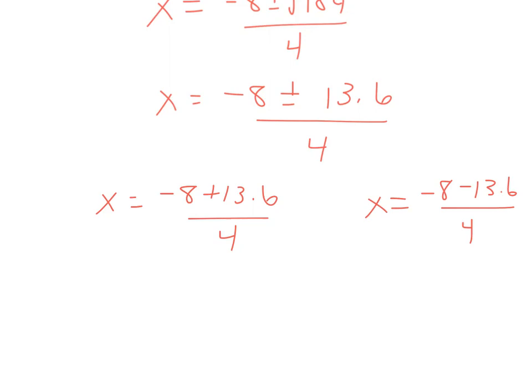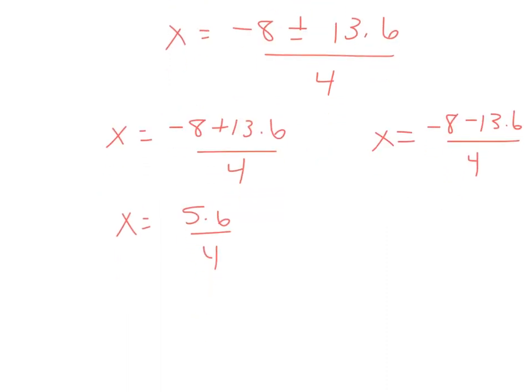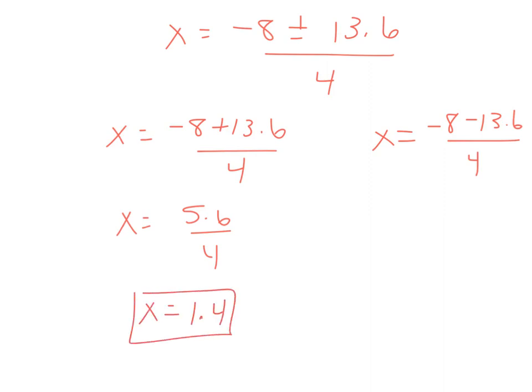So negative 8 plus 13.6 ends up being 5.6, and now we're going to divide that by 4 and end up with x equals 1.4. Over here I've got negative 8 minus 13.6, so I end up with negative 21.6, and then I'm going to divide that by 4, and x equals negative 5.4.